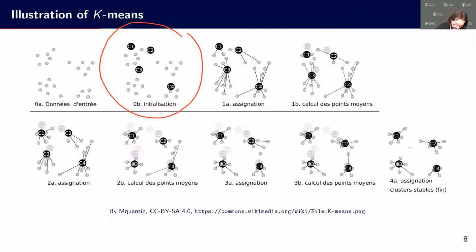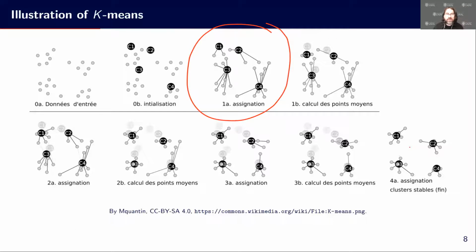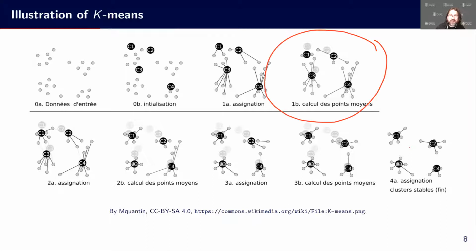And from this random initialization, we are assigning. So we see here at the second step that we are assigning all samples to the nearest center. So they are linked here. They have an edge from their position to the new center. So we see how it is done. And from this assignment, we are reevaluating the new means. And we see that these mean vectors are moving somehow.